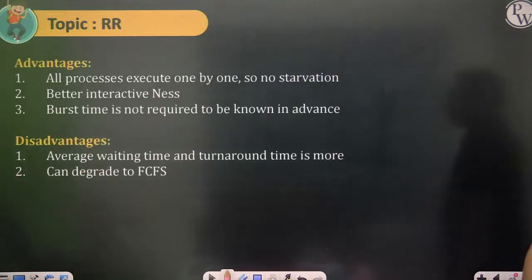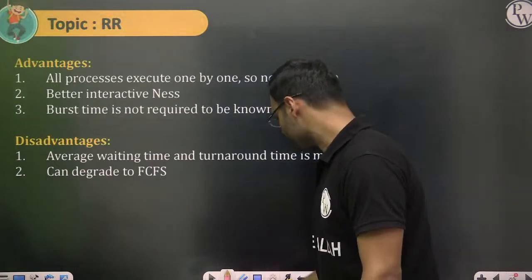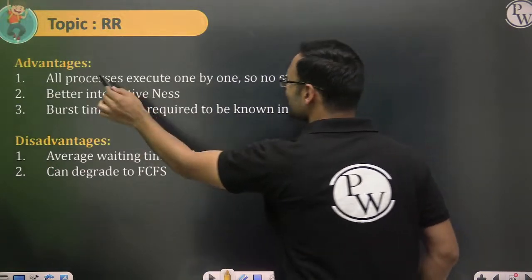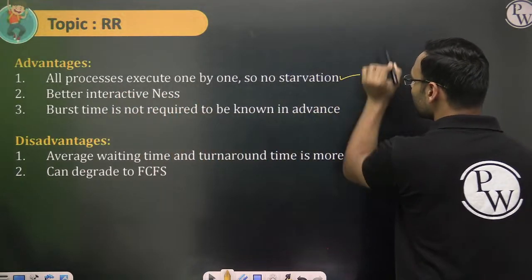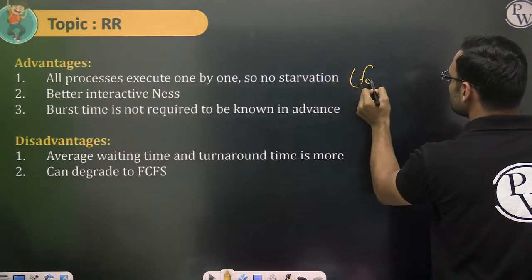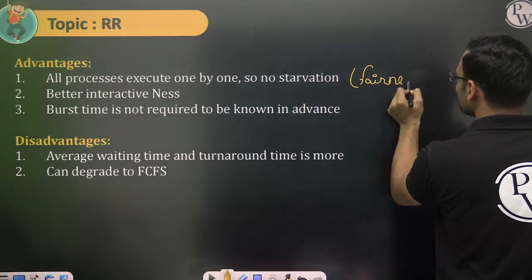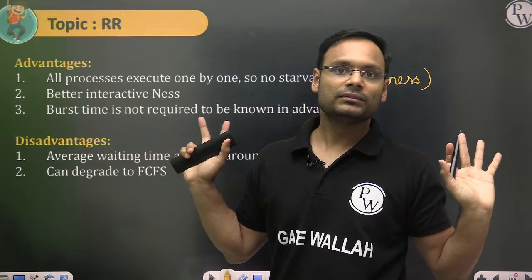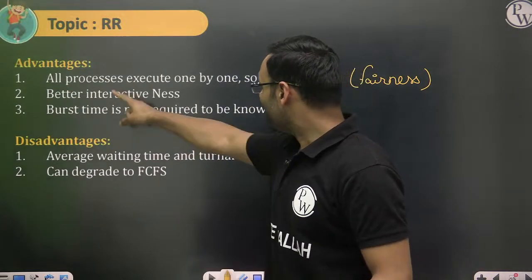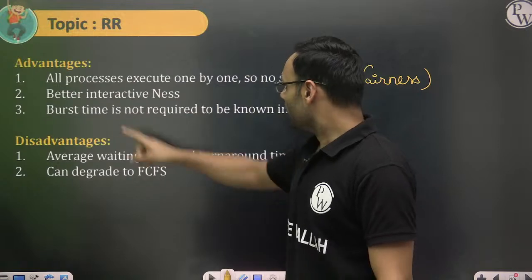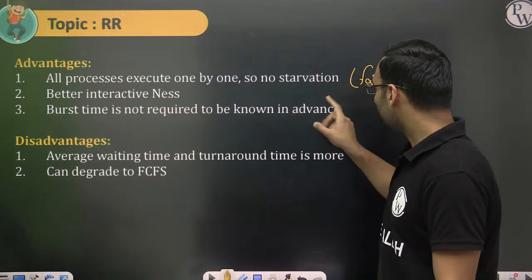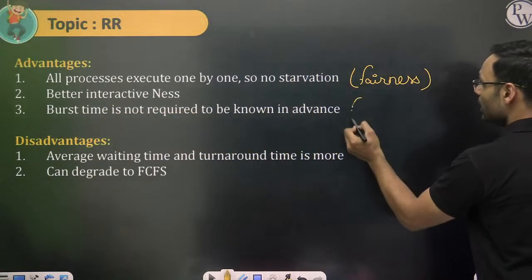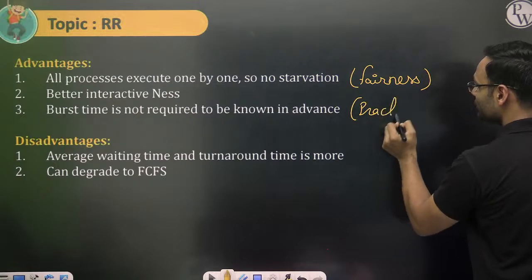Okay, fine. What are the advantages of round robin? First of all, processes execute one by one, so no starvation, which means it's a fair policy. Fairness is there. Each and every process gets an equal chance, better interactiveness. Burst time is not required to be known in advance, which means it is practically implemented.